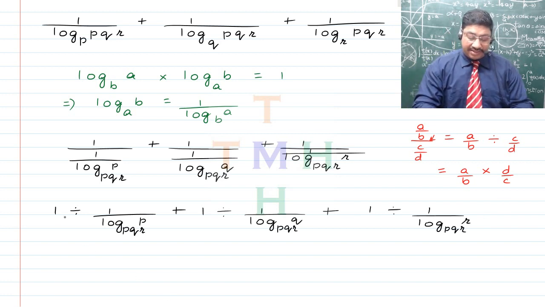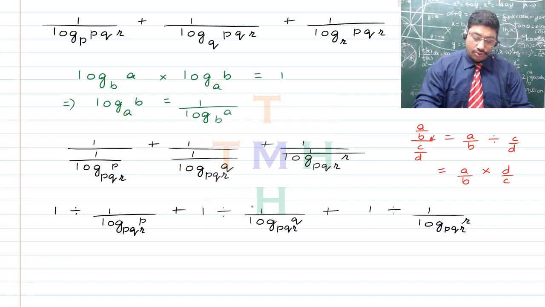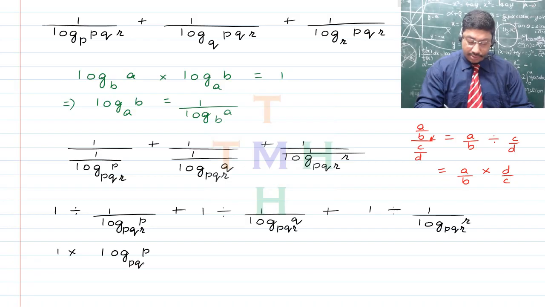Now as we have this 1 divided by, obviously in the next step it will become 1 into log of p to the base pqr, divided by 1 as was the numerator.